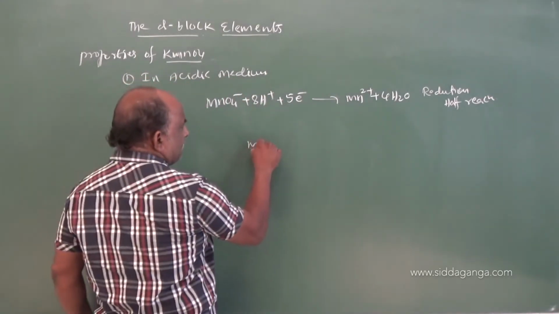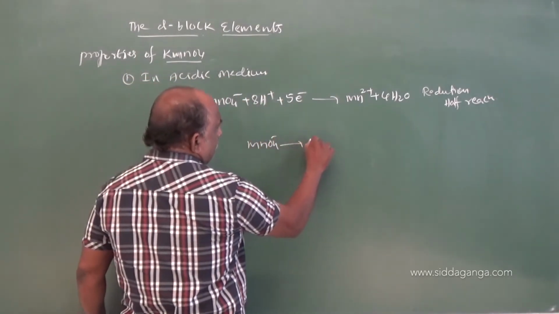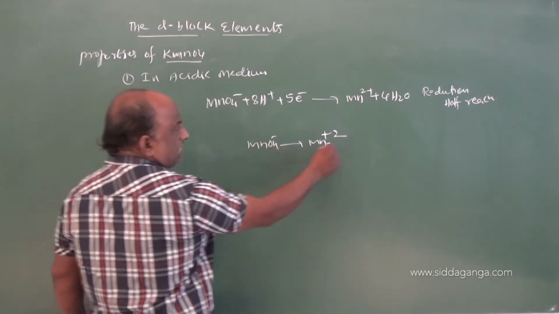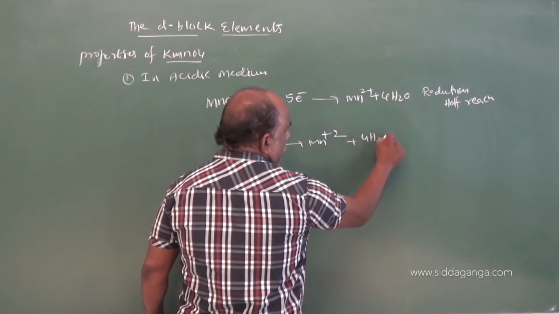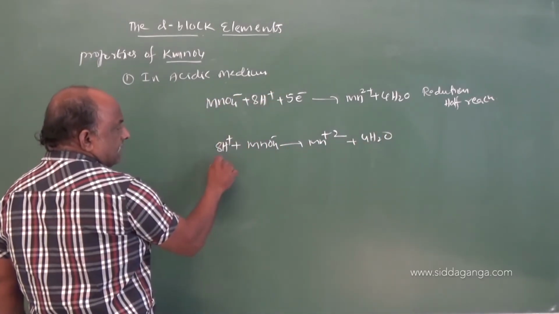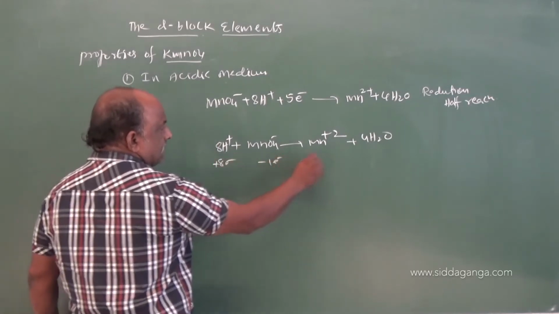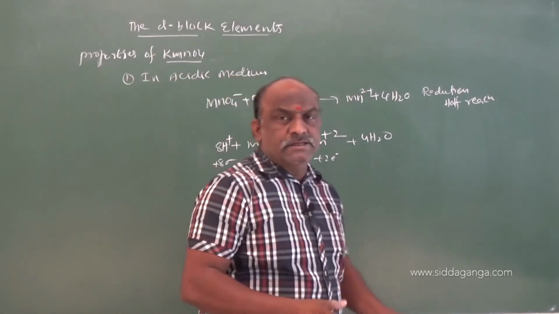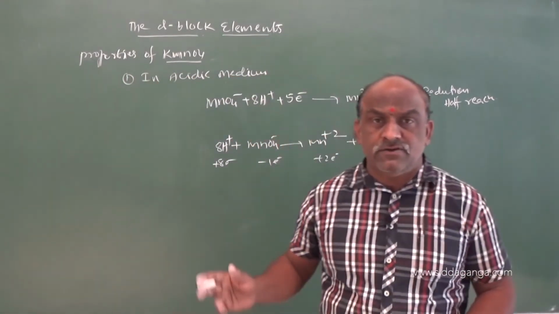Four oxygens are there, so you add 4 water molecules, and on the left side you add 8H plus. After adding, 8 electrons, minus 1 electron, plus 2 electrons. Overall, adding and subtracting gives the final 5 electrons.